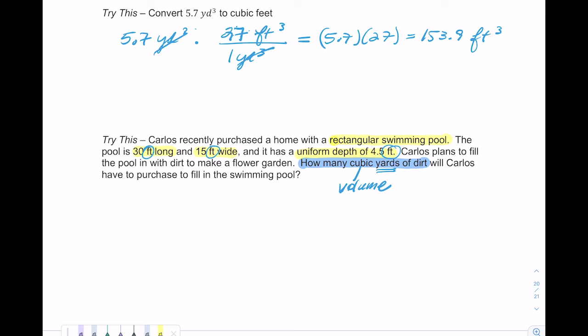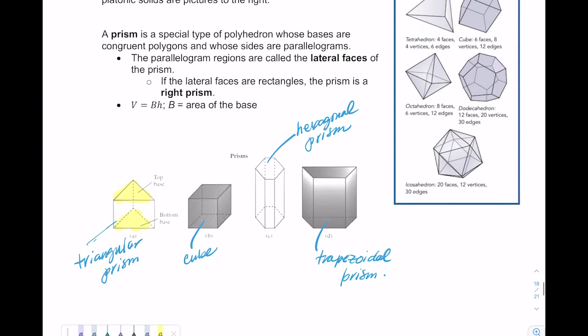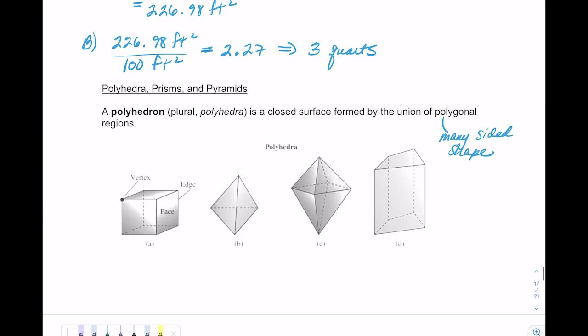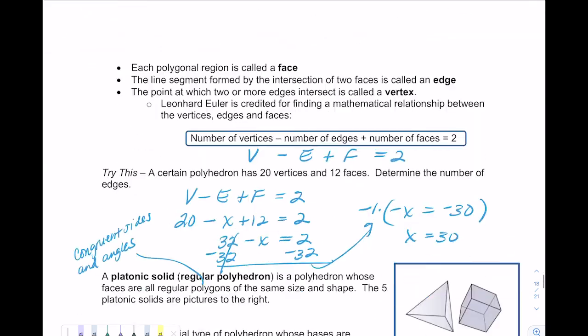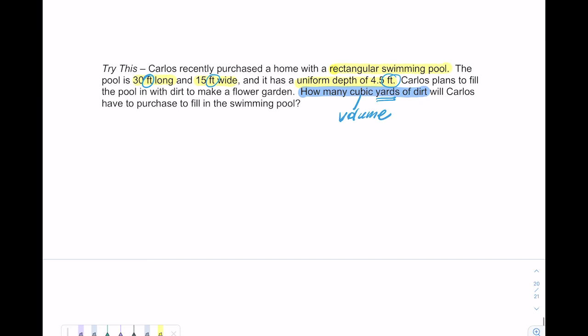Okay, so if you have a rectangular swimming pool, think about the shape of that. And that would look like this figure here, something like this. Okay, it would be more so a rectangular prism, or even better, something like that. Okay, so how do we find the volume of a rectangular prism?